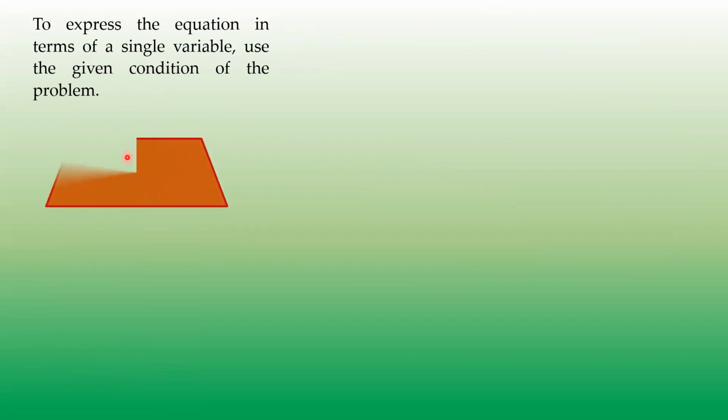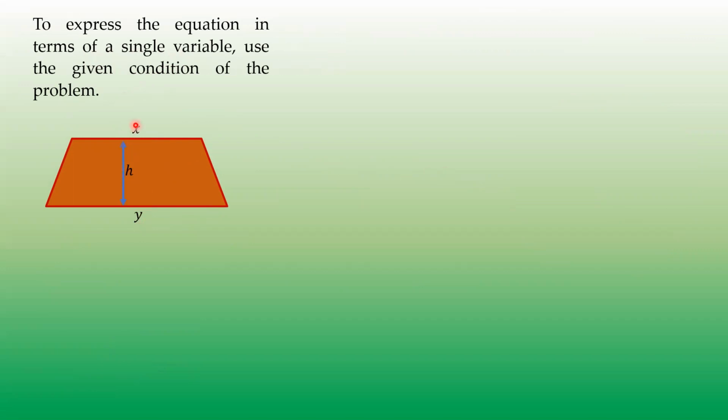Now, to express the equation in terms of a single variable, so we're going to use the given condition of the problem, which is a trapezoid inscribed in a circle of radius 5. Okay, so meron tayong trapezoid, meron niyang upper base na x, meron siyang lower base na y, at meron tayo diyang height na h.